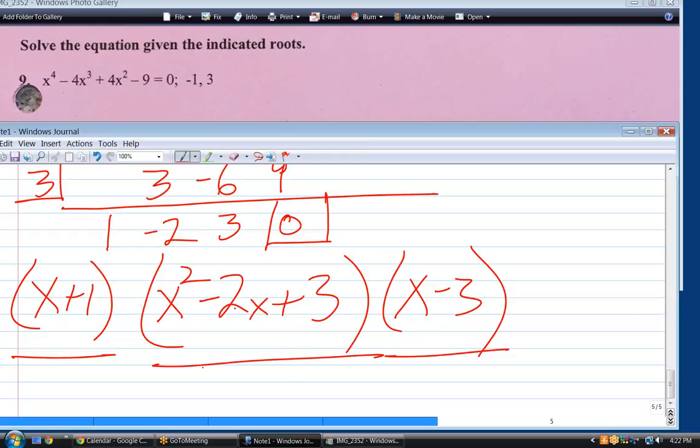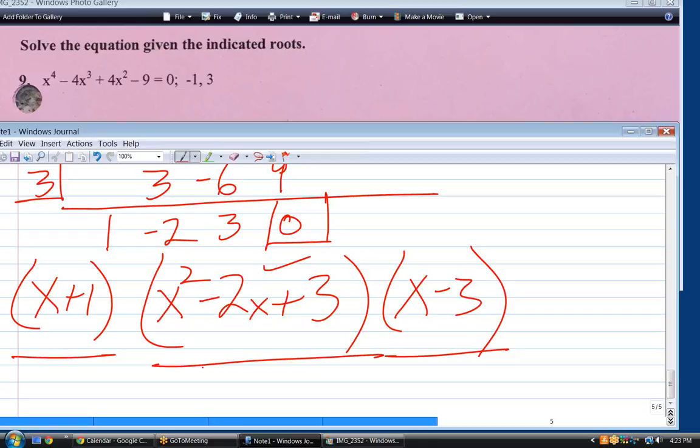If I can factor this quadratic into two real solutions, I would do so. But I just determined that I'm going to get a negative discriminant, so I don't take it down to its imaginary solutions. I suppose if your teacher wants the imaginary solutions, then plug this into the quadratic formula and come up with them.